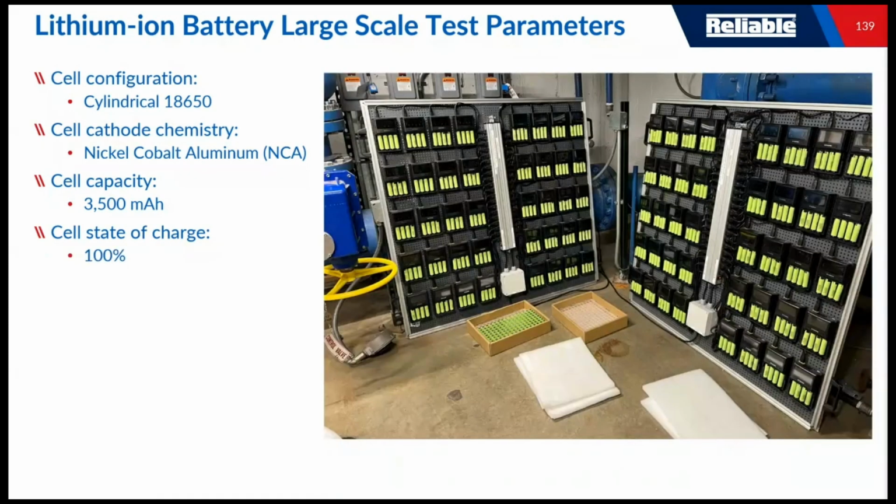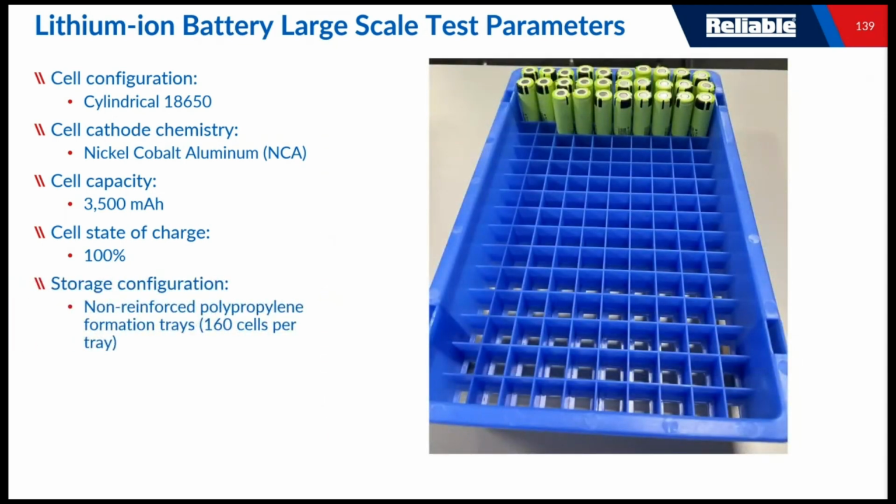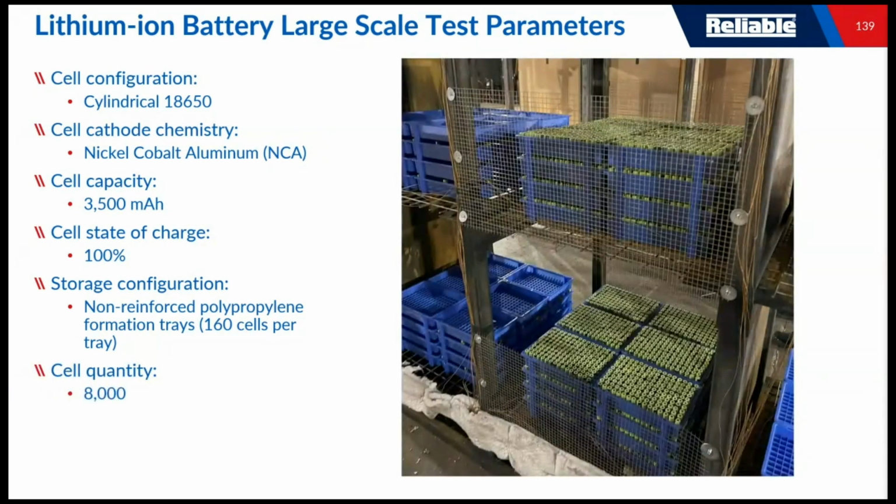So we charged them up to 100%. Batteries are really not that big of a problem if they don't have a charge. The more charge, the more volatile and dangerous they are. The storage configuration was non-reinforced polypropylene formation trays, 160 cells per tray, and the total amount we used for our testing was 8,000.